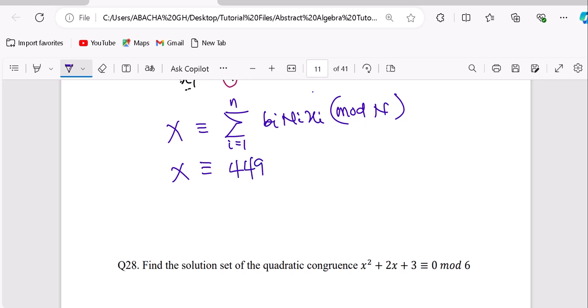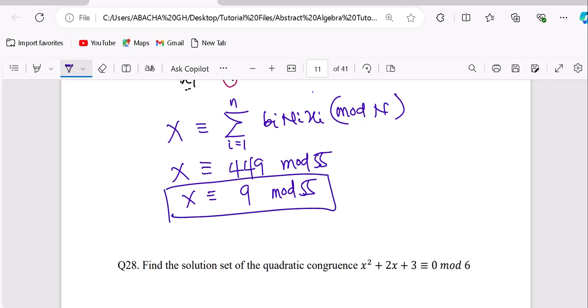We have to reduce this. We take 449 mod 55, and when you do that, the remainder is 9. So x is congruent to 9 mod 55, and this is our final answer for that particular question.